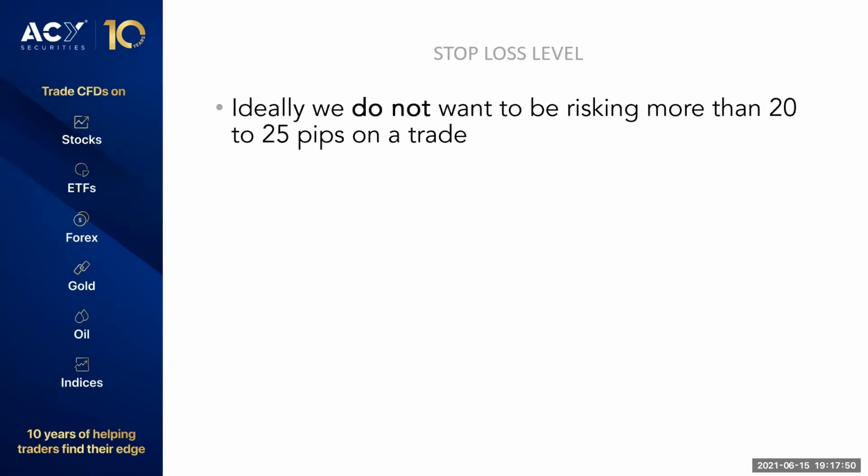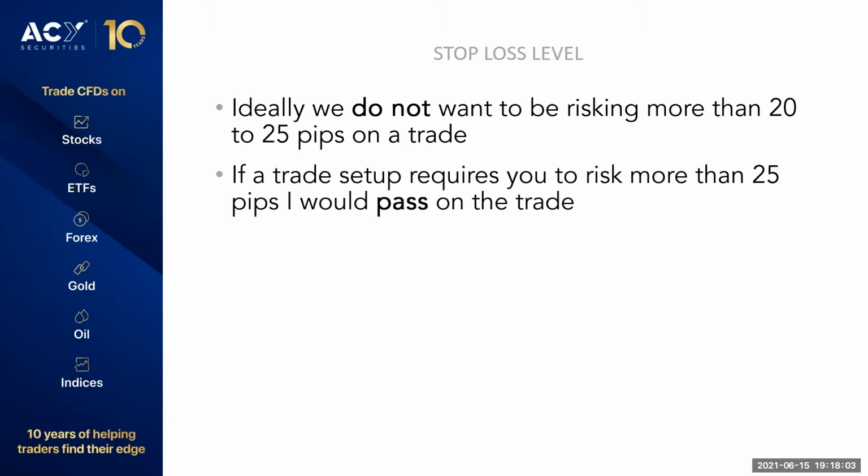So my rules for stop loss risk in terms of pips, ideally we do not want to risk more than 20 to 25 pips on a trade. If a trade setup requires you to risk more than 25 pips, I would pass on the trade, just with one exception. Sometimes the market's very volatile, like when we had the global financial crisis or when the coronavirus hit 12 months ago and the market became very volatile.